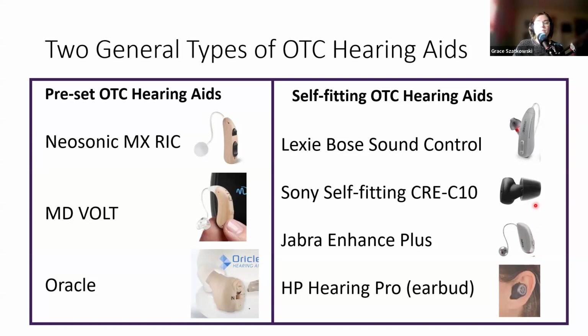So I would say it very much depends on your comfort level. The ones that are like earbuds tend to be a little better managing noise than the ones that are more open and sit on top of the ear, but that's not always the case.